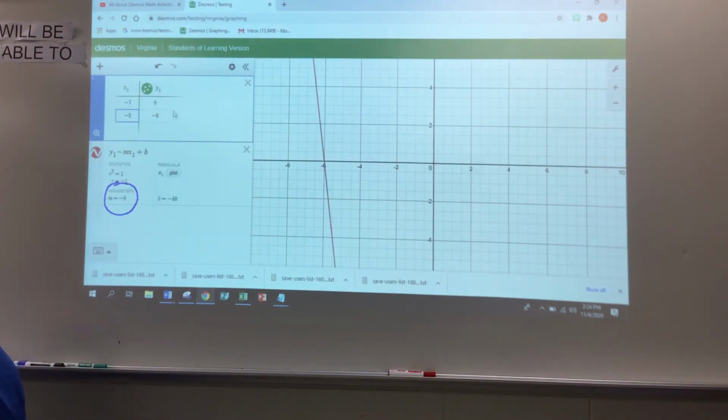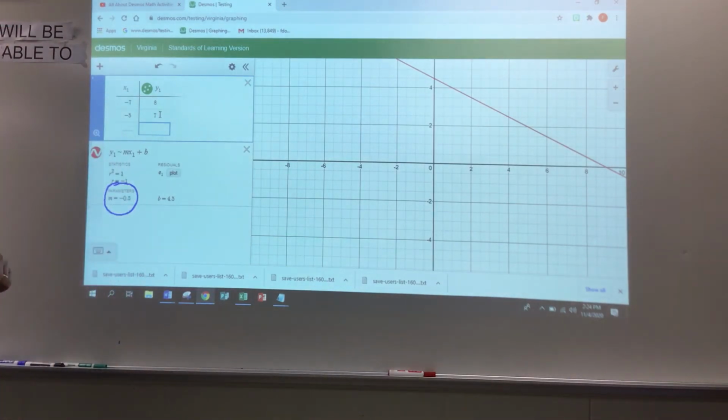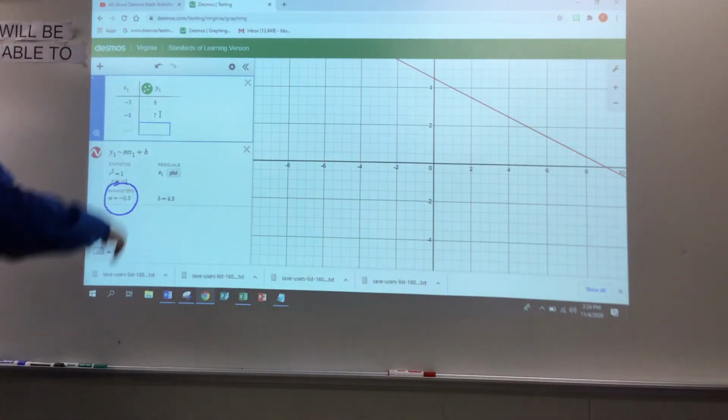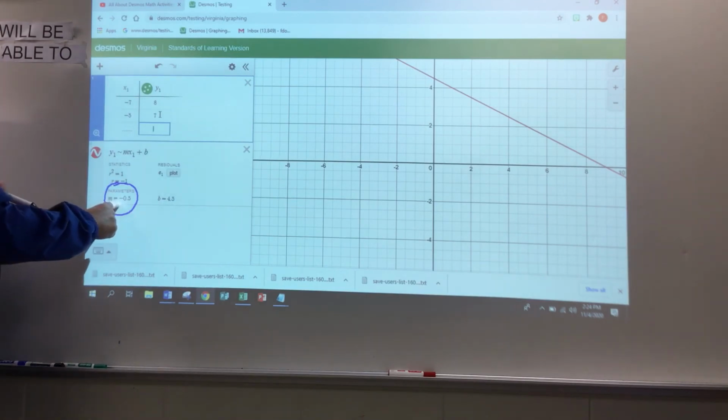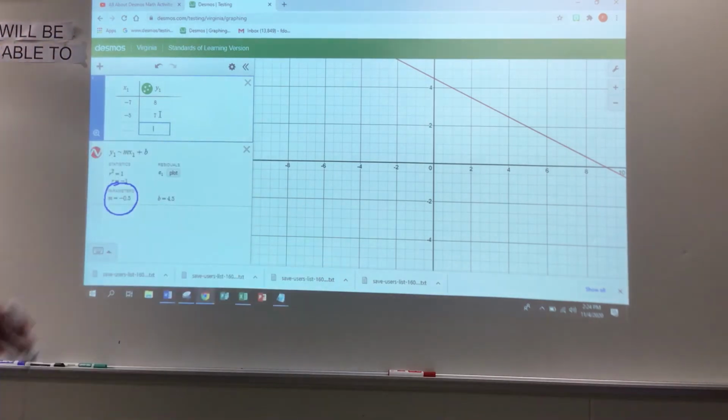Again, if you're starting from scratch, make sure you get that plus sign to get your table there. Now this time it tells you that my slope is -0.5.